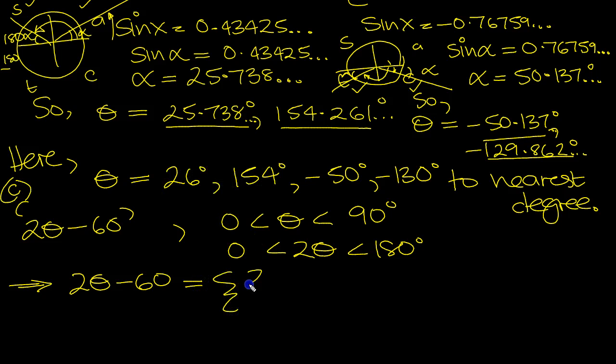the range is 26 and 154. But I'm going to keep it as more accurate than that, just in case we get a problem. So I'm going to put the original values in, 25.738 and 154.261.